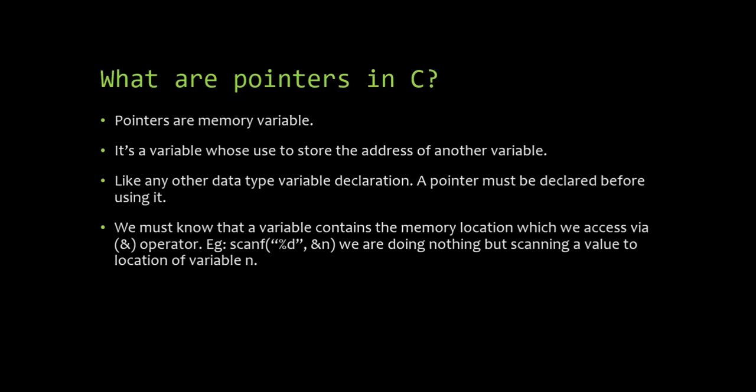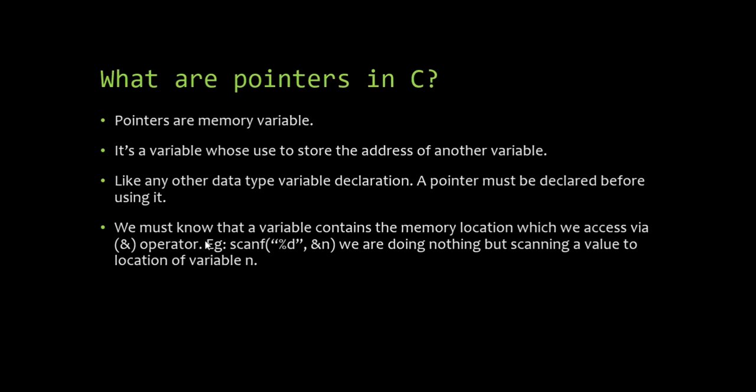So pointers are nothing but memory variables, and these are variables which are used to store the address of another variable. And like any other data type variable declaration, a pointer must be declared before we use it in our program.